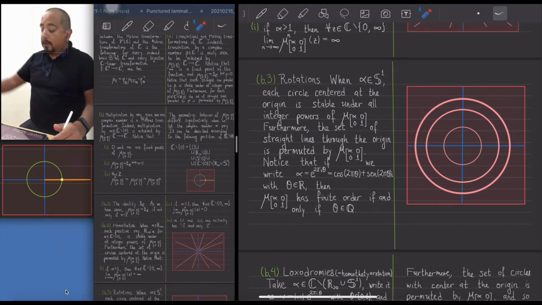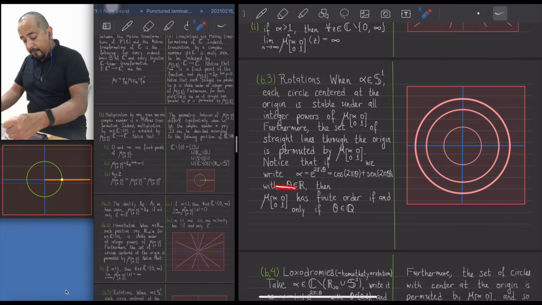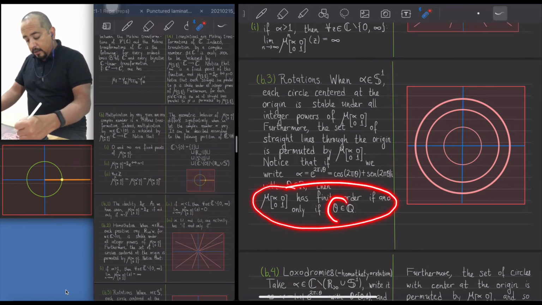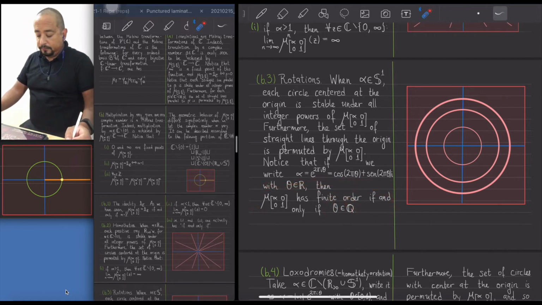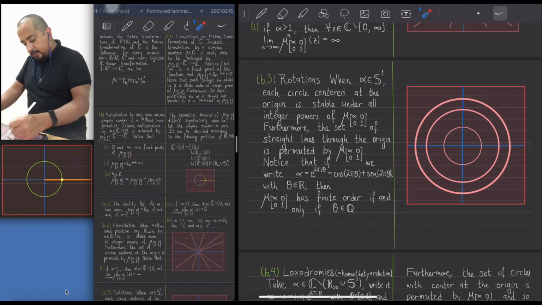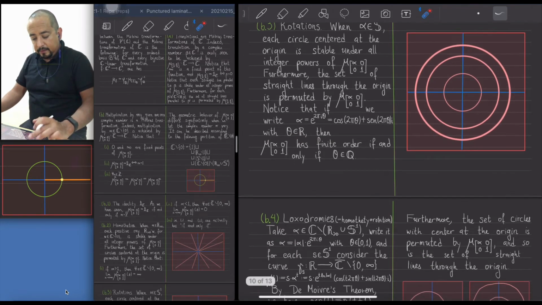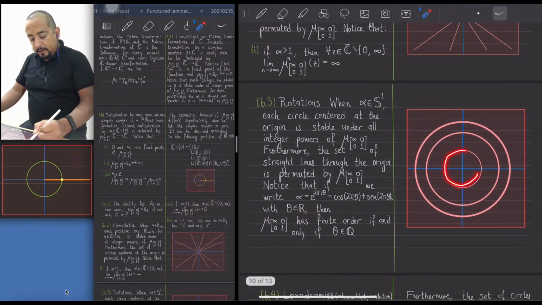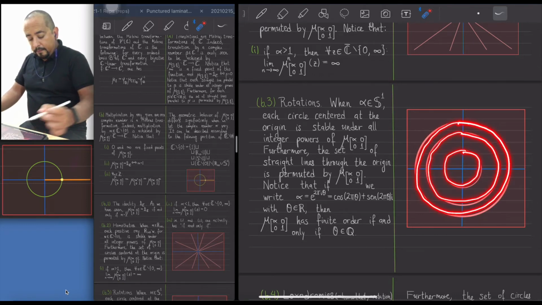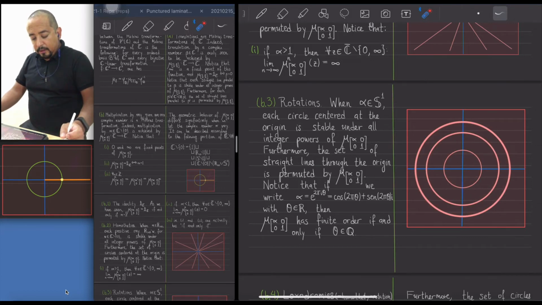And the characterization is that you have finite order precisely when the angle of rotation is rational. This is not hard to prove, so I just leave it as an exercise for you. Here in this nice picture, you can see a sketch of the family of curves that are stable under the action of the subgroup generated by the Mobius transformation.